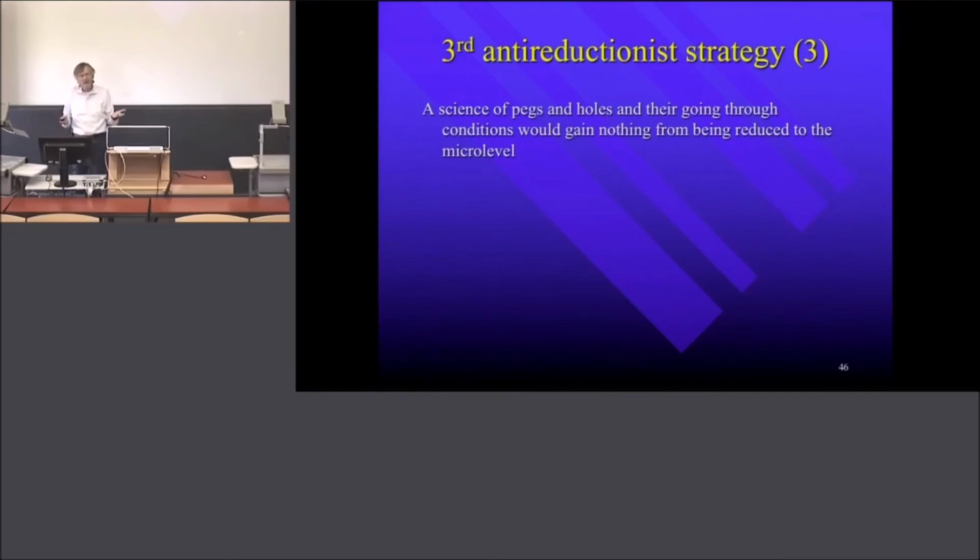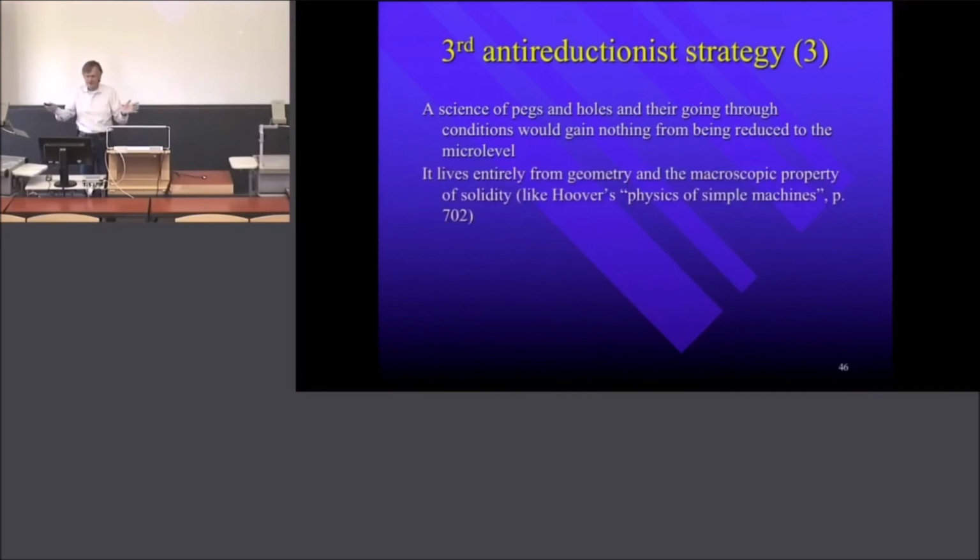What you can learn is how many different forms of solidity there are at the micro level. But concerning the peg-hole science, you don't learn anything, because what you need there is geometry and solidity. That's it, right? So this science of pegs and holes lives entirely from geometry and the macroscopic property of solidity. And that is exactly what Hoover has in mind with his physics of simple machines.